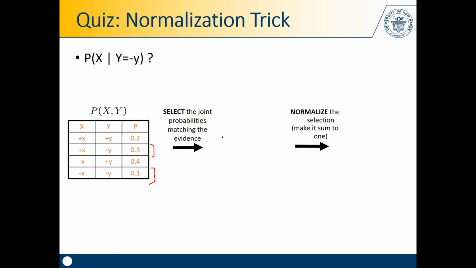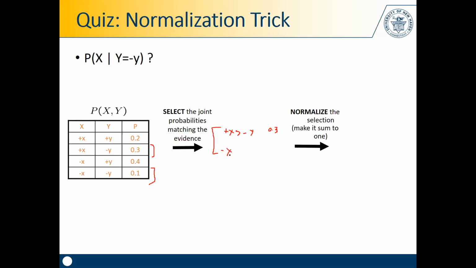So the matching joint probabilities will become plus x, negative y, giving us 0.3. The joint probability of this outcome is 0.3. And we have negative x. I'm looking at this row now.